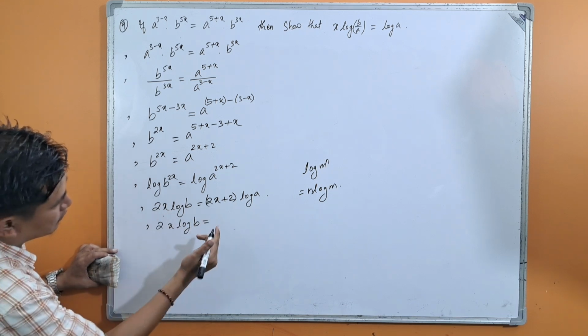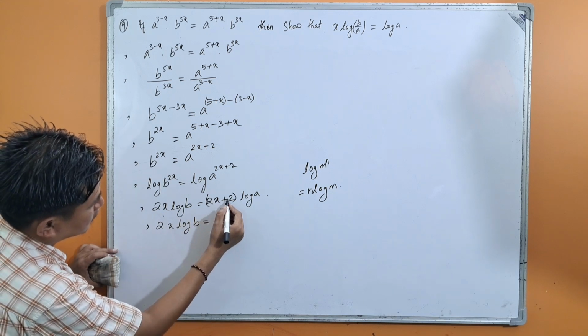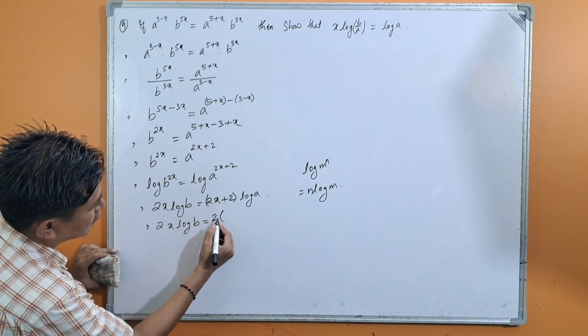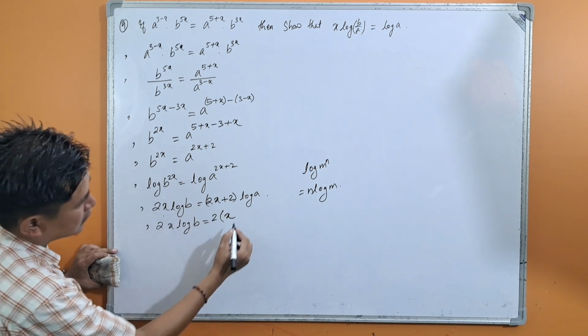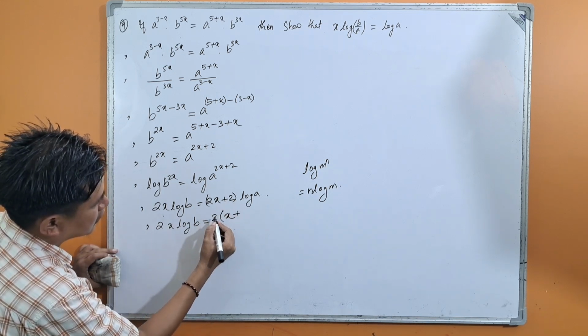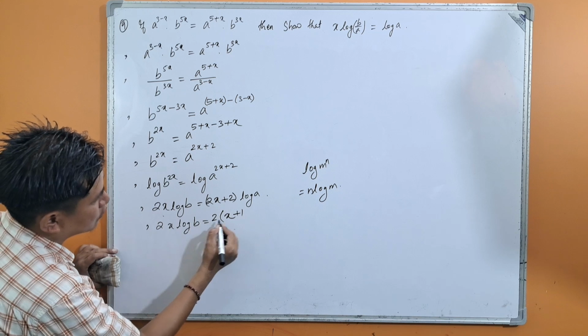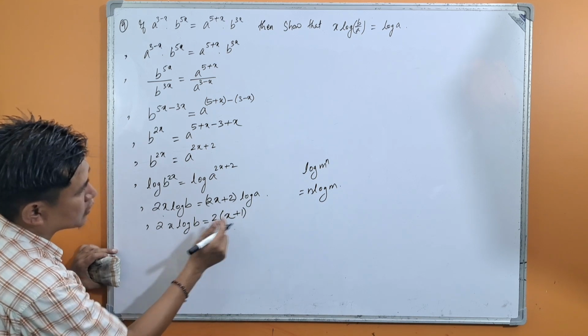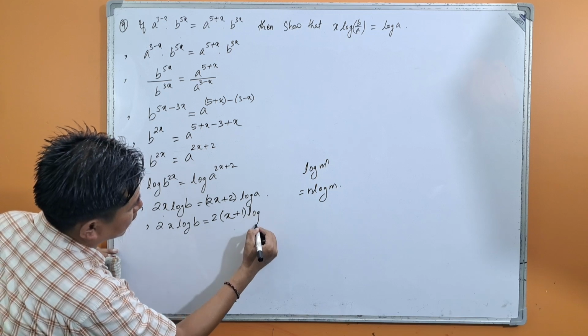I am writing this as it is. 2 is taken common, so we have 2x here, 2 is taken out, x remains within the bracket, plus 2 is taken out, so 2 ones are 2. 2 into x, 2x plus 2 ones are 2. 2 is taken common. Log a.